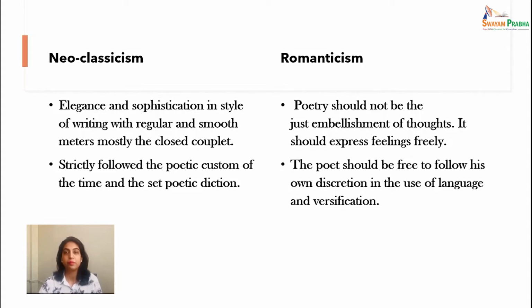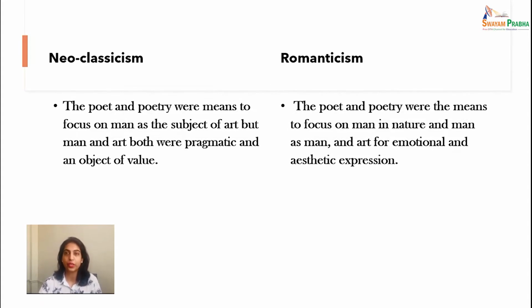There was a basic difference in the two eras as to the role of the poet and functions of poetry too. For neoclassics, the poet and poetry were means to focus on man as the subject of art, but man and art both were pragmatic and an object of value.